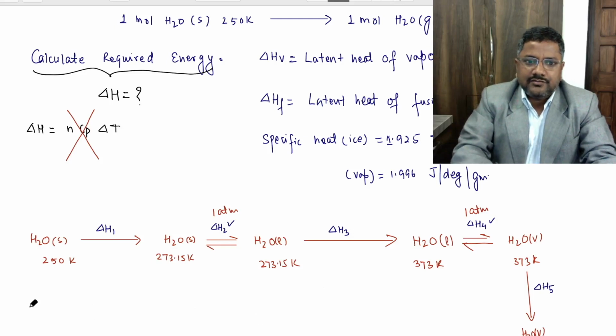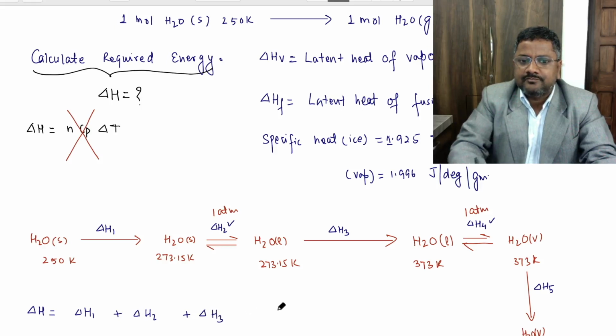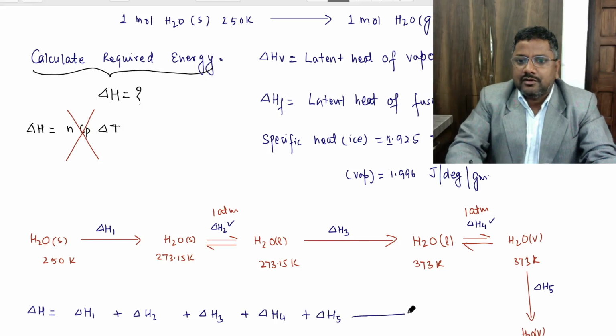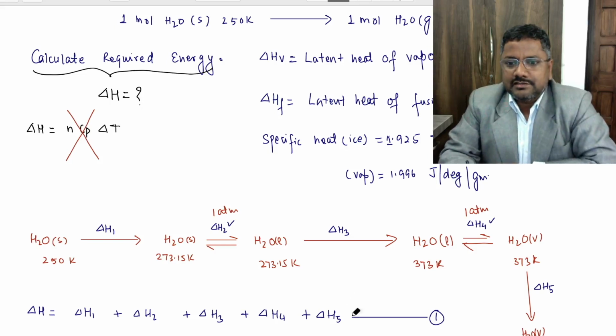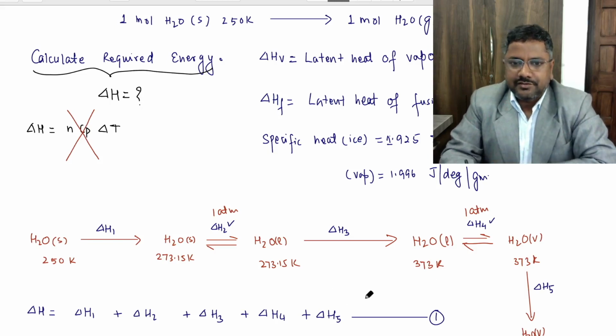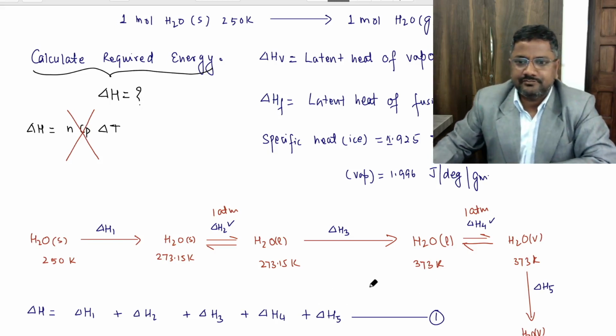Then delta H for the overall process is equal to delta H1 plus delta H2 plus delta H3 plus delta H4 plus delta H5. And if you are not able to visualize this, then it is difficult for you to get the correct answer, right?